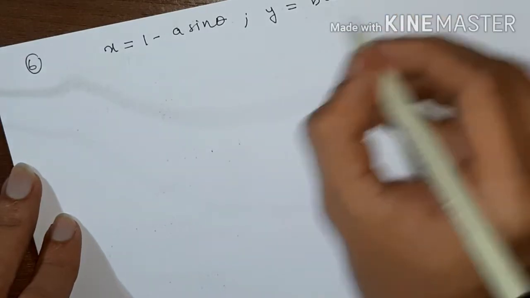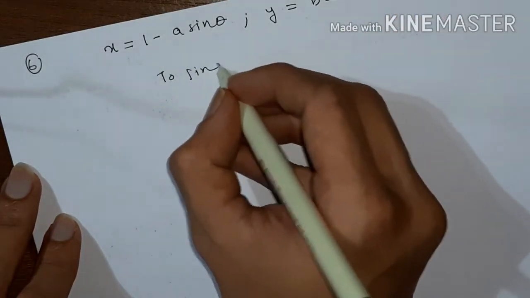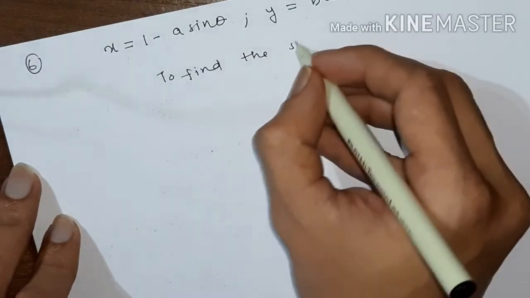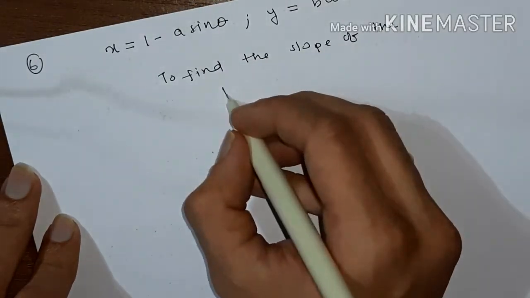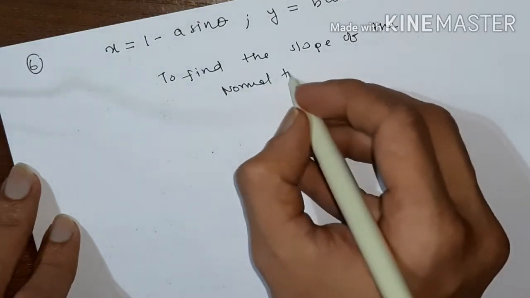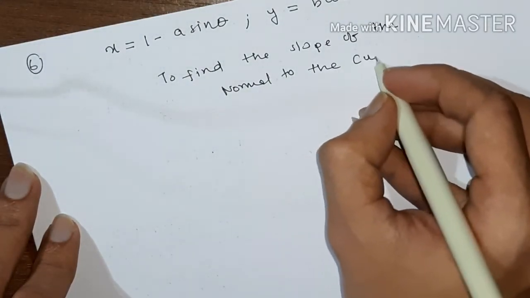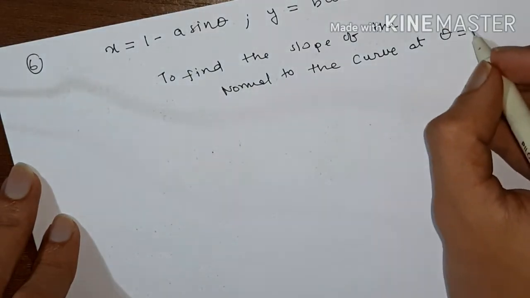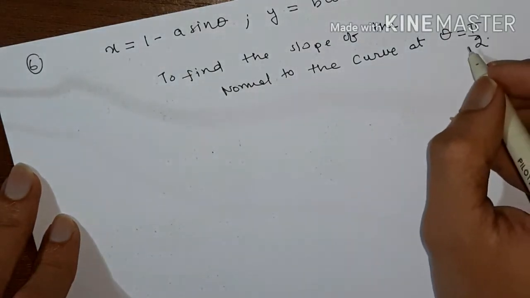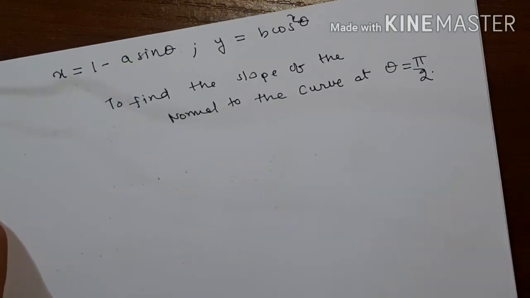You have to find the slope of the normal to the curve at theta equal to pi by 2.